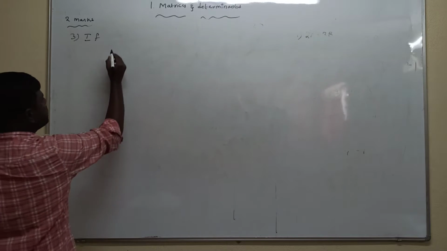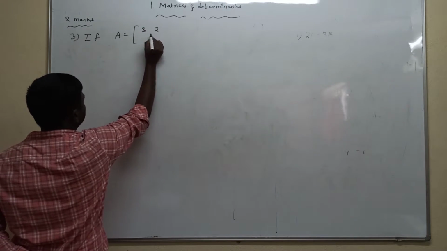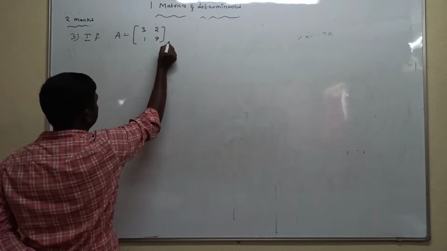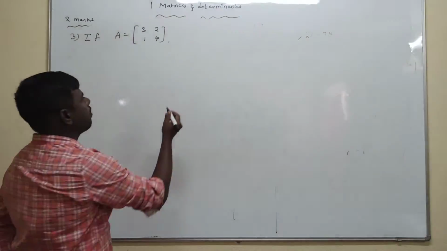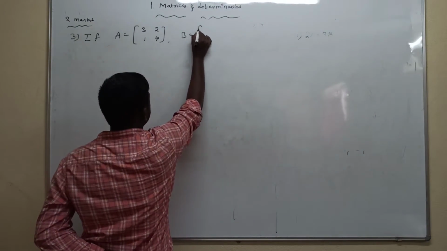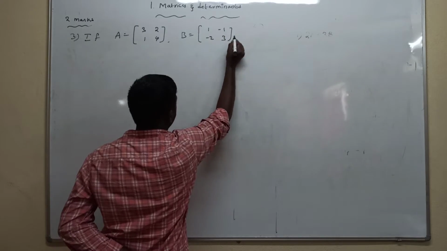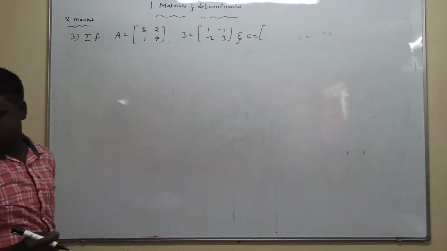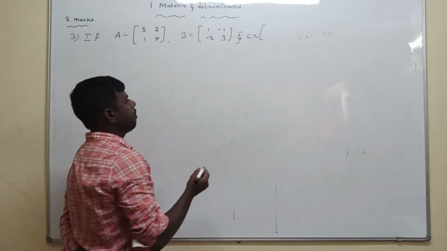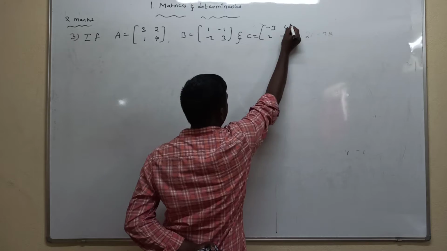If capital A is equal to 3, 2, 1, 4 and B is equal to 1, minus 1, minus 2, 3 and C is equal to minus 3, 4, 2, minus 1.